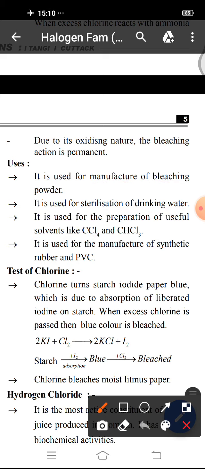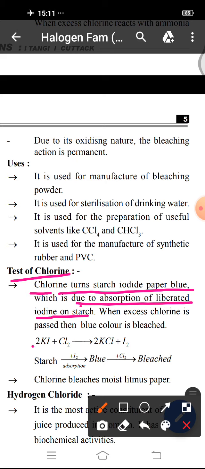Next, how can chlorine be tested? Test of chlorine. Chlorine turns starch iodide paper blue due to deposition of liberated iodine on starch. Iodine has a blue color.